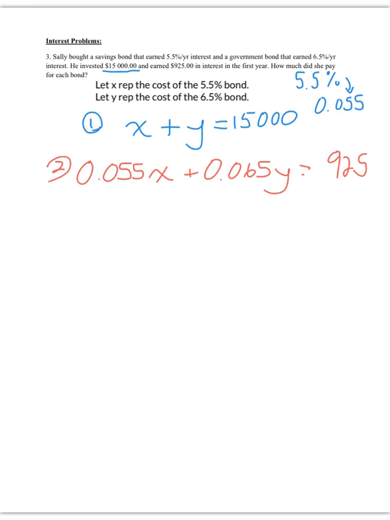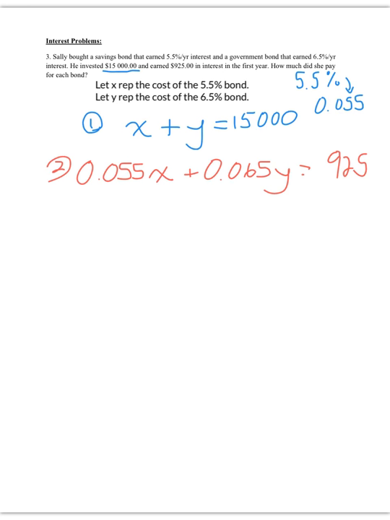So if she invests, let's go with $100, and she earns 5.5% of that in a year, she's getting $5.50 on that $100. So she's getting 5.5% of whatever is deposited. Since x represents what's deposited, that's why it's 0.055 or 5.5% of that deposit and 6.5% of that deposit. And then together, that's her total money earned in interest, which is given as $925.